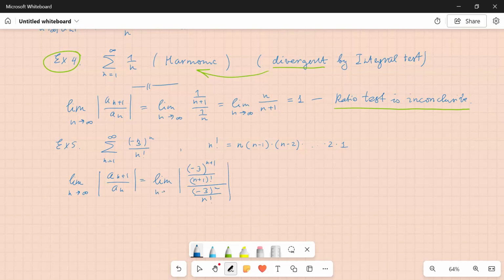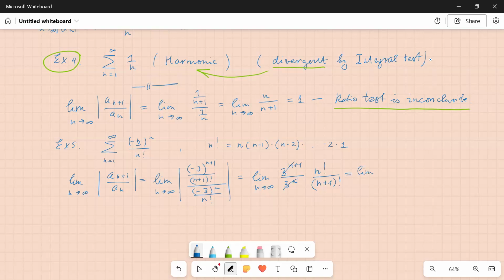Looks a little bit crazy, but what you will want to do is get rid of the minus because we have absolute value, and then combine similar terms together, similar factors together, let's say. I'm combining the 3s together and I'm going to combine the factorials together, because it's easier to work with similar expressions or simplify them.